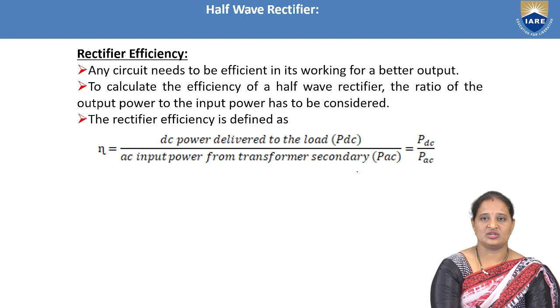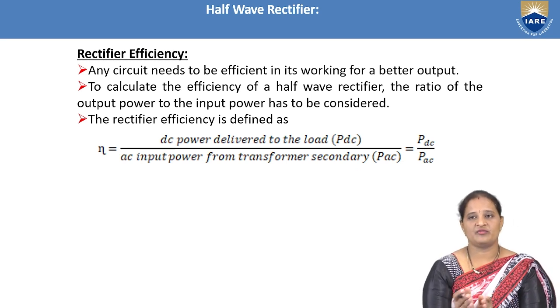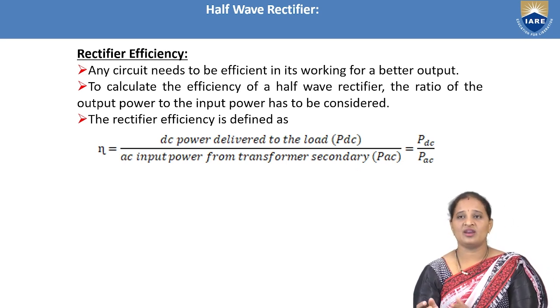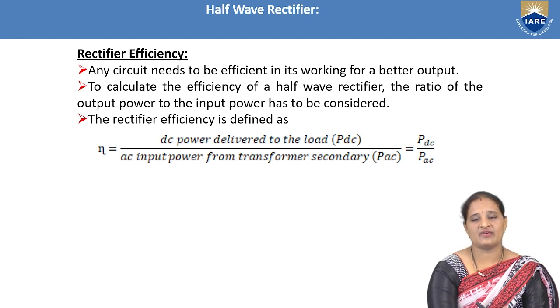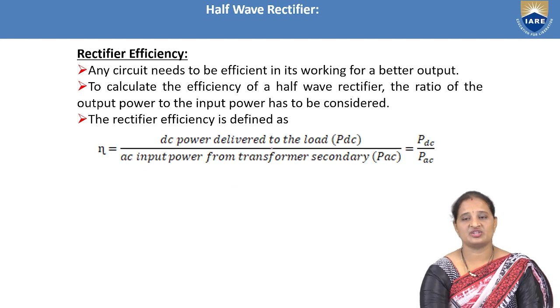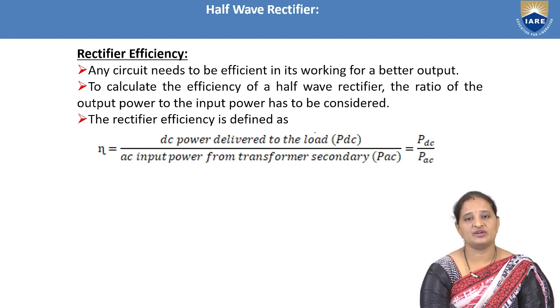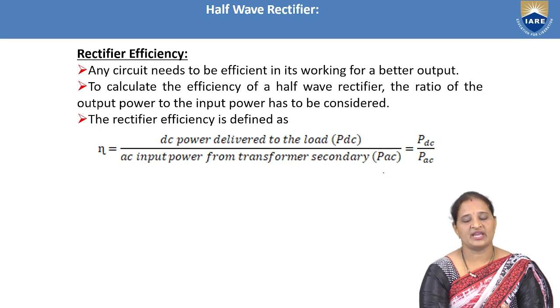I hope you understood. We are getting the AC input from the transformer secondary and we are measuring the DC output power across the load resistor. That is why efficiency is defined as the ratio of DC power delivered to the load to the AC input power from the transformer secondary. That is given by PDC by PAC.